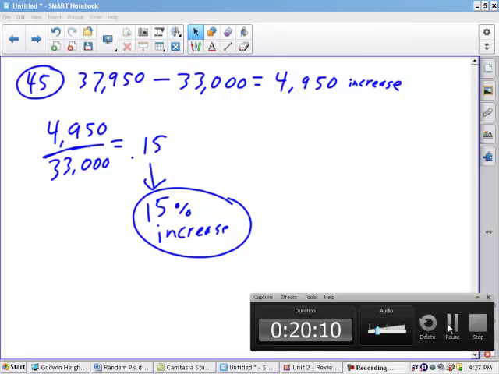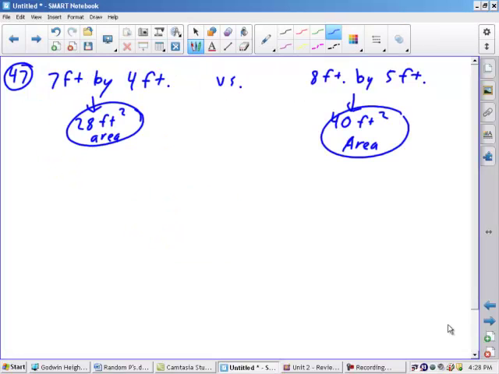Oops. Okay, if you look at 47, this one's a little trickier, so our last problem. 7 feet by 4 feet. That tabletop, 7 feet by 4 feet is a 28 square feet area, and then 8 feet by 5 feet is a 40 square foot area. That's because you multiply 7 times 4 and 8 times 5. You then need to figure out the change, which the change from 40 to 28 is actually 12.